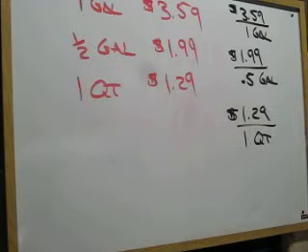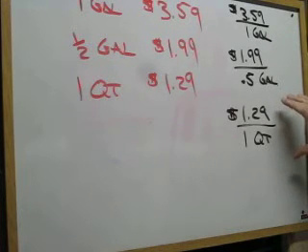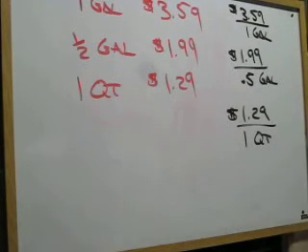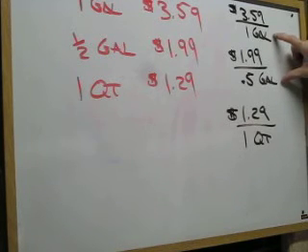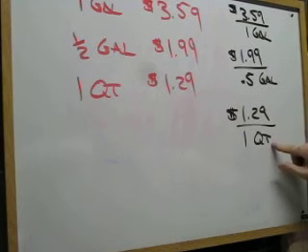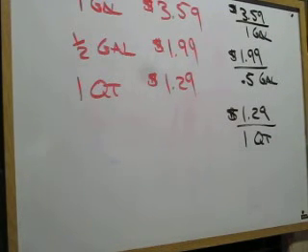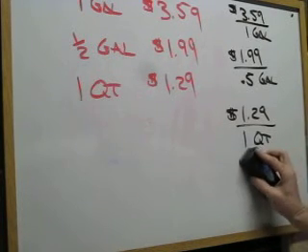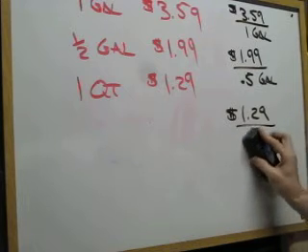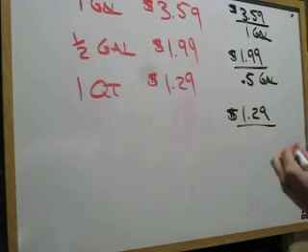You can change your gallons to quarts or your quarts to gallons. It doesn't really matter which way you go, except that these are already in gallons, so it makes sense just to change this one to quarts rather than both of these to quarts. If you remember any of your tables as far as converting, you'll know that there's 4 quarts in a gallon. So 1 quart would be 1/4 of a gallon.